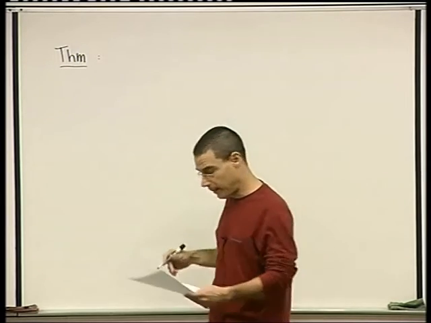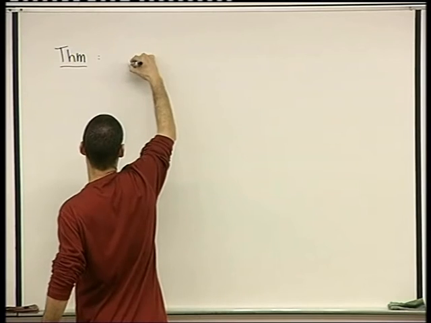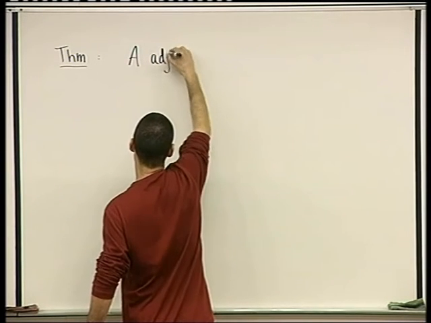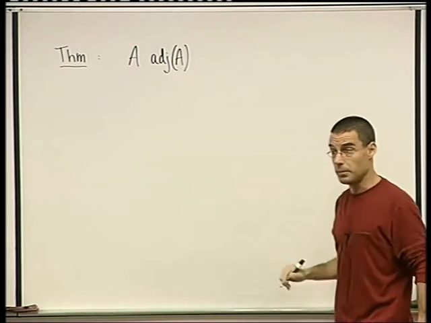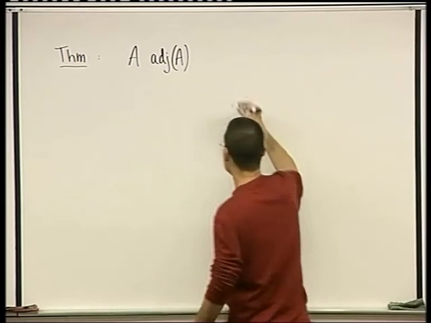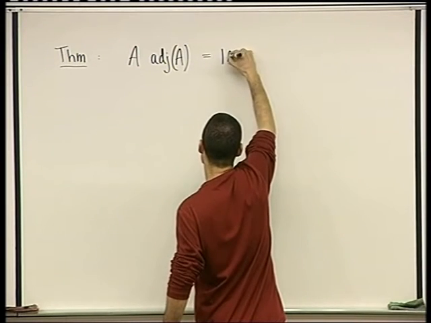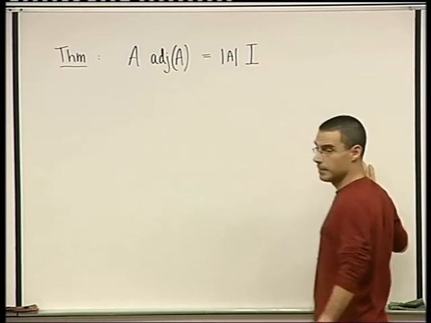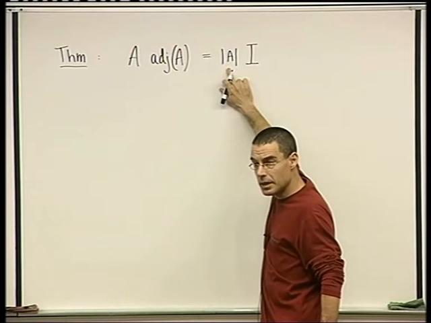That's the useful part. So the theorem says that if you take A and multiply it by its adjugate matrix, these are two n by n matrices, we can multiply them, what you get is the determinant of A times the identity. The determinant of A is a scalar.